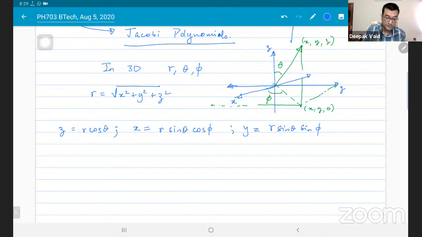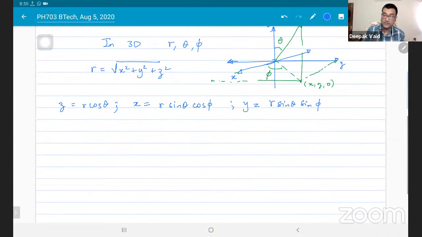Right? So this is your spherical coordinate. So again, in spherical coordinates, we would repeat the same procedure. We would write down the Laplacian in terms of r, theta, phi. Of course, you would do so only if the problem requires you to do so, right?